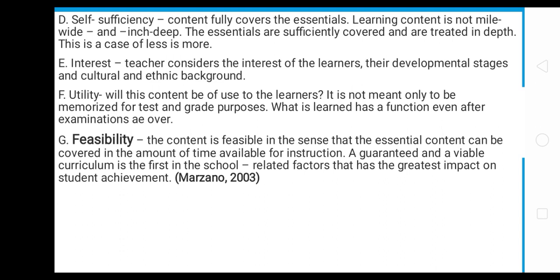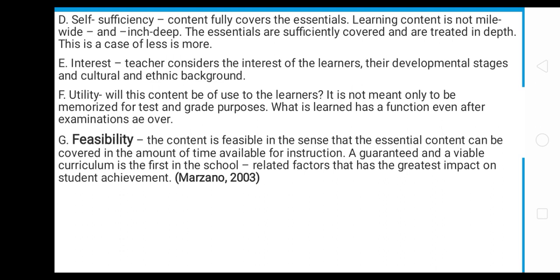Next, the interest. Teachers consider the interest of the learner, their development stages, and cultural and ethnic background. This means the criterion is true to a learner-centered curriculum. Students learn best if the subject matter is meaningful to them. It becomes meaningful if they are interested in it.